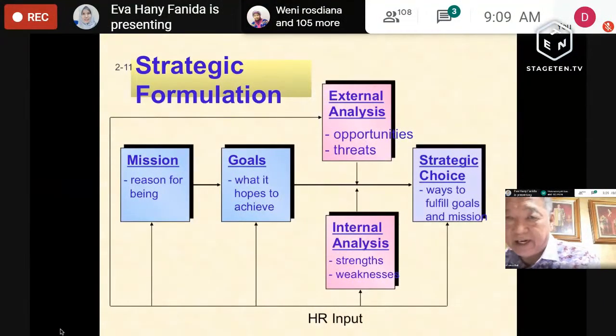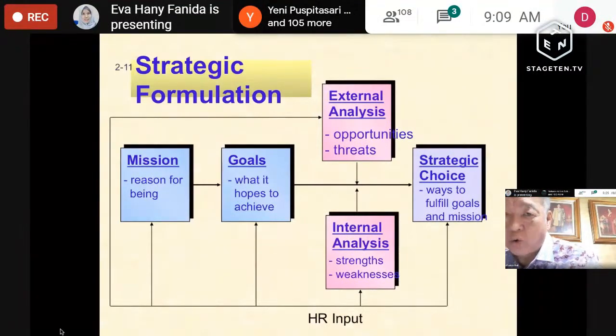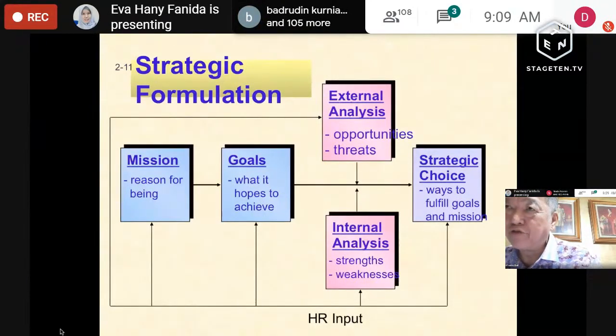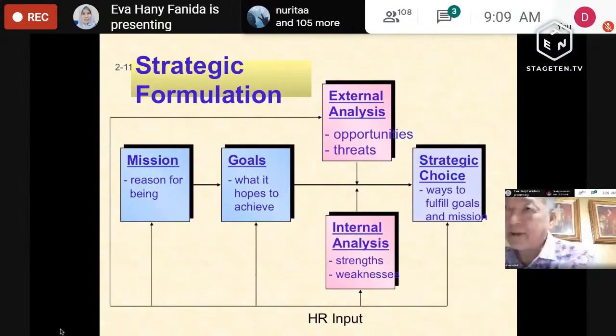The organization should first know what they are doing, the reason for being. For example, if you are a food processing company, you are going to produce food, and you have to know what kind of food.